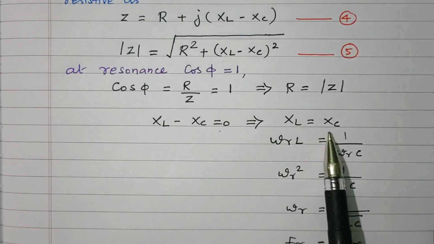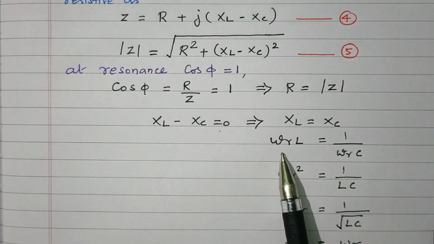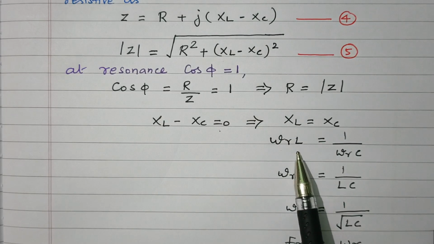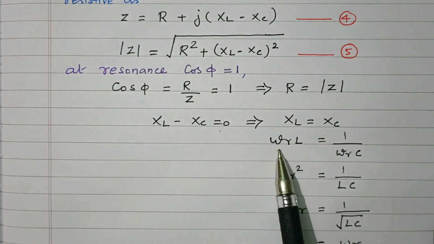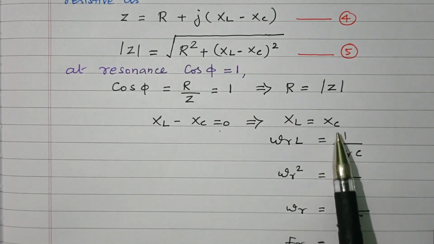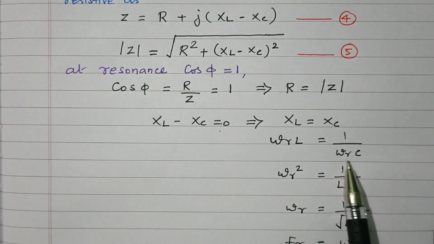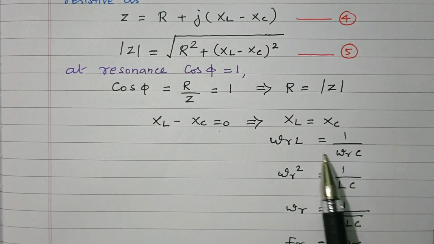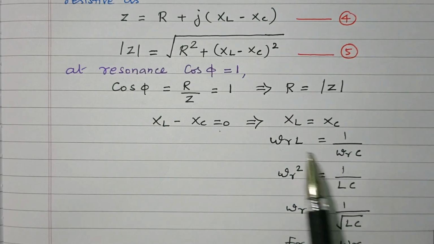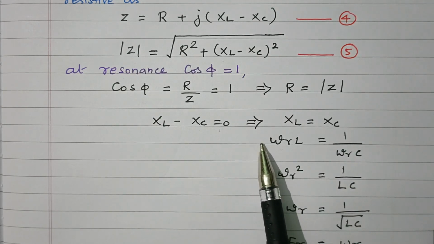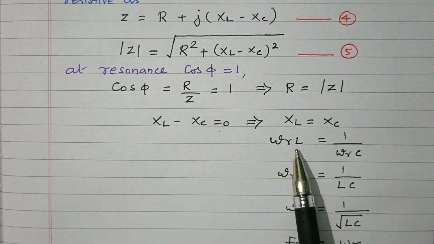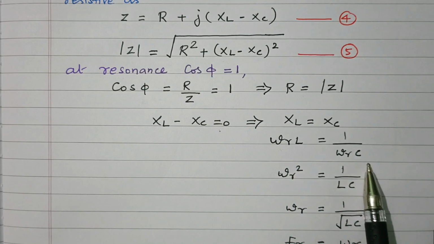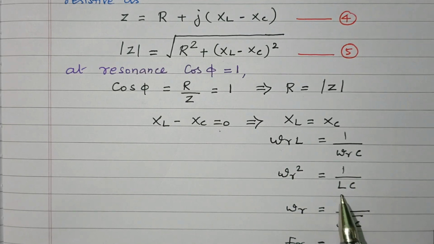So XL equals XC. XL can be written as omega R into L, because this is at the resonant frequency, so omega is written as omega R. Similarly, XC is 1 divided by omega R C. Bring this omega R to this side, and with the omega R already here, it becomes omega R square. Bring this L to the denominator, so 1 divided by LC.